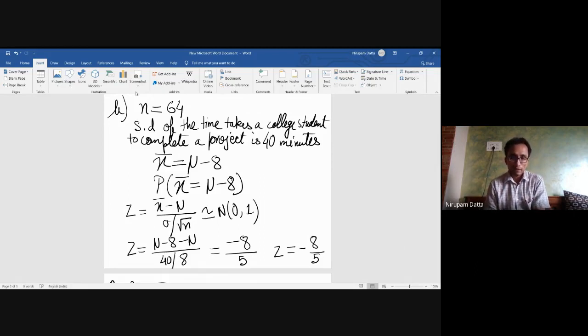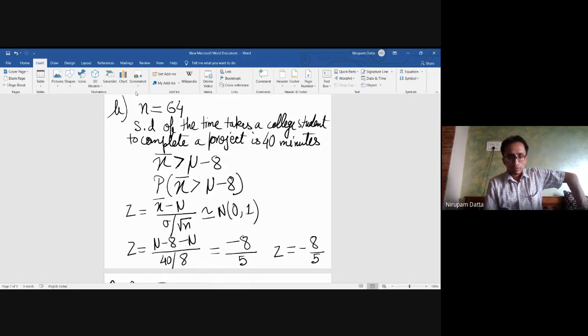You have to find the probability that the sample mean x bar is greater than mu minus 8, that it is more than 8 minutes less than the population mean. So we have to find this probability.